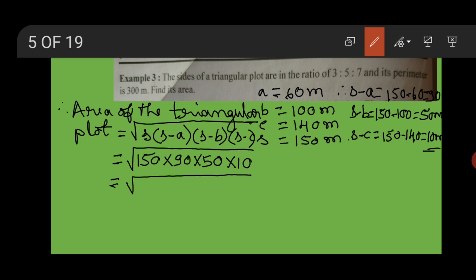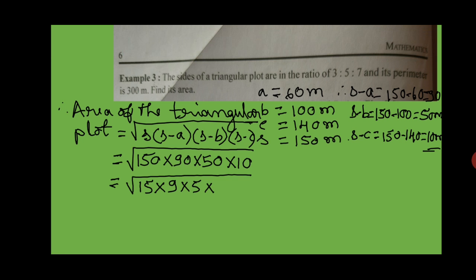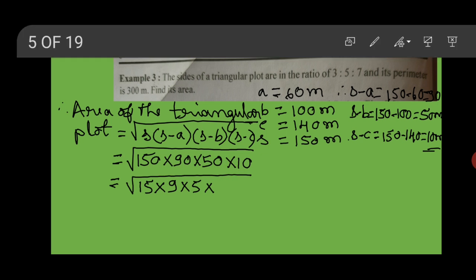Now let us write in this way. 15 into 9 into 5 into, I will write all zeros together. See, 1 0, it is 10 again into 10 again into 10, 10 into 10 into 10 into 10 together is equal to what?